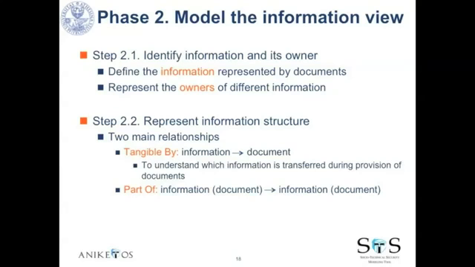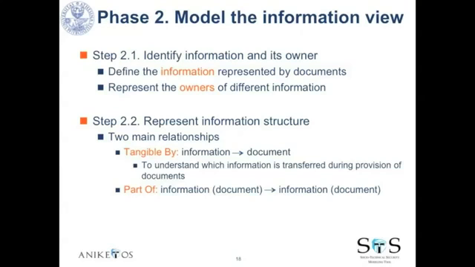So in the information view, we define the information represented by documents, because it is important to keep track of which information is actually exchanged when a certain document is provided. And also because information owners are the ones that are concerned about security and how their information is to be manipulated. In the information view, we also represent the owners of different information.